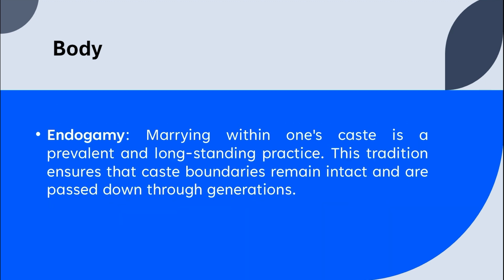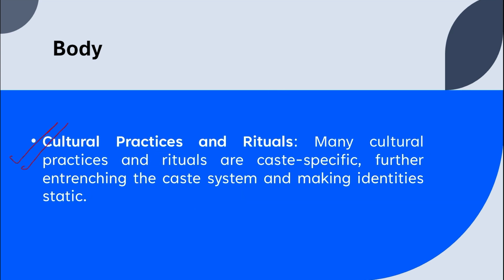Then endogamy is one thing which is preserving the purity of caste system. Even Dr. Ambedkar said that if you want to annihilate caste, you have to encourage intercaste marriages. So it is passed down from generation to generation. Then cultural practices and rituals surrounding castes, caste specific things are there, rituals, your prayers, etc. So that also makes it pass down from generation to generation.